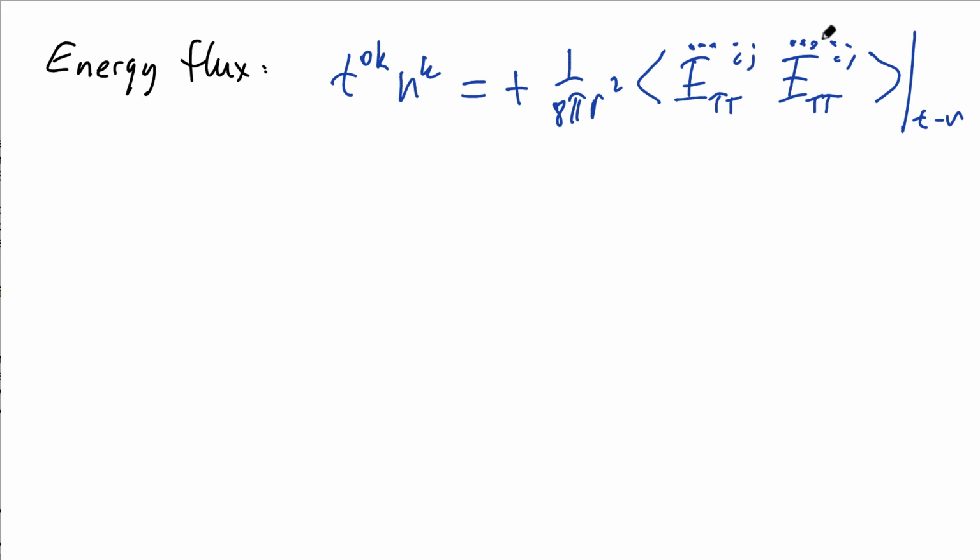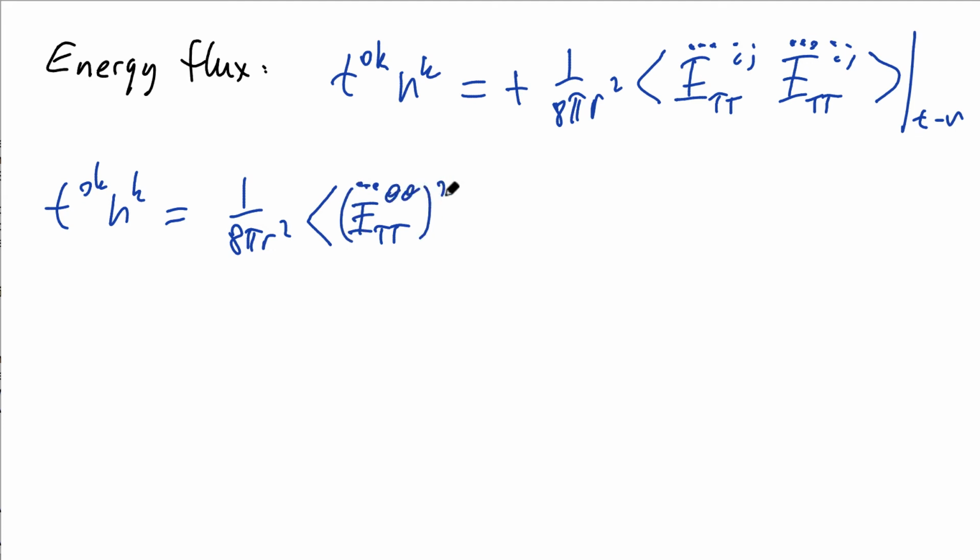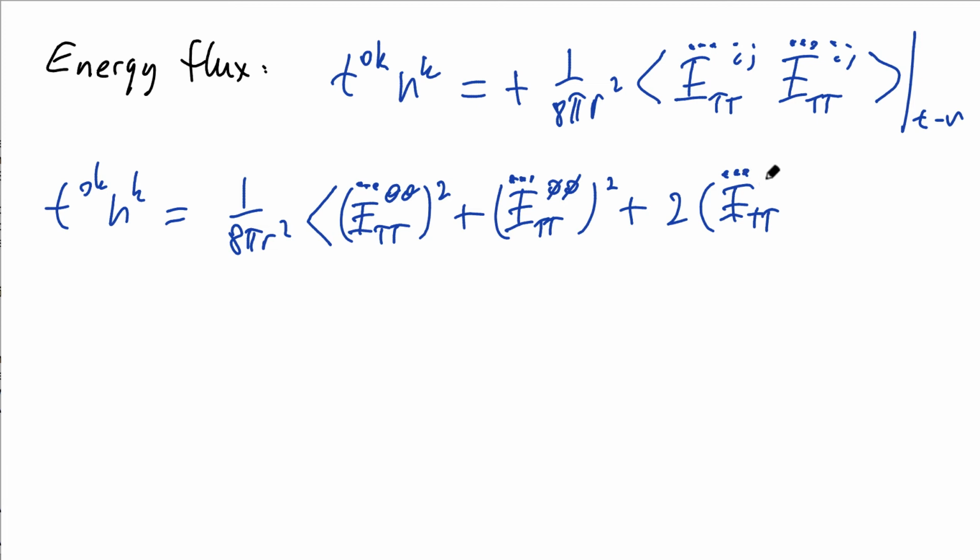Now we can carry out the contraction over these indices i and j using the basis e theta, e phi, and n. So this becomes T0k nk equals 1 over 8 pi r squared times the average of I bar TT triple dot theta theta squared plus I bar TT triple dot phi phi squared plus 2 times I bar TT triple dot theta phi squared.